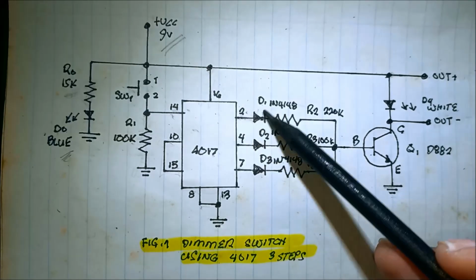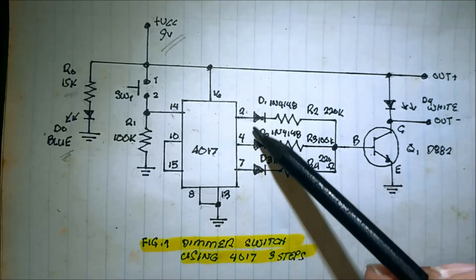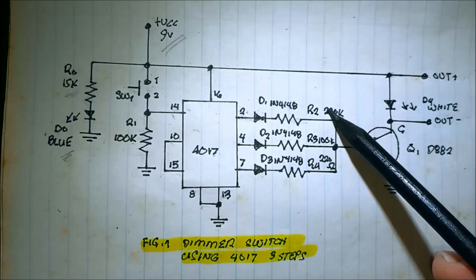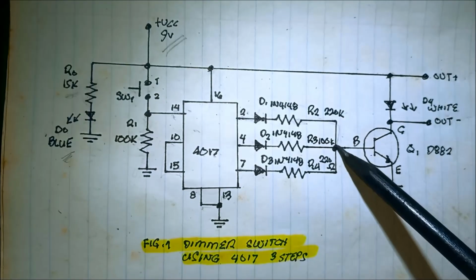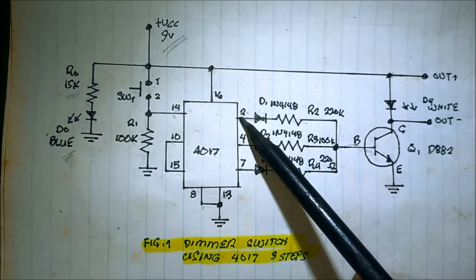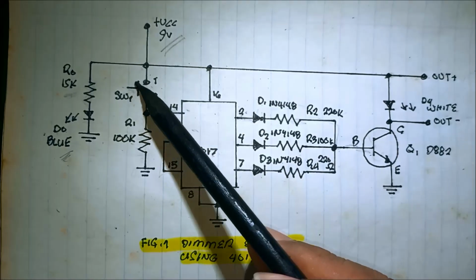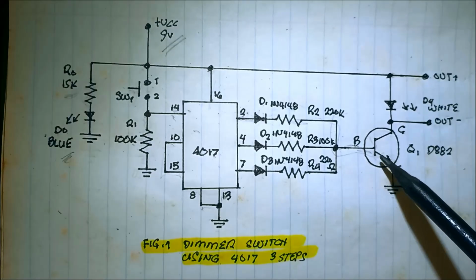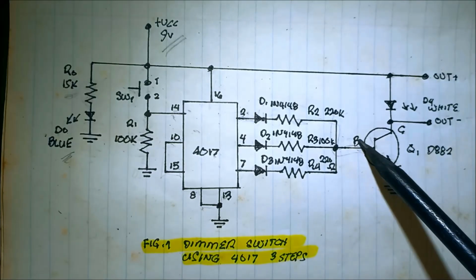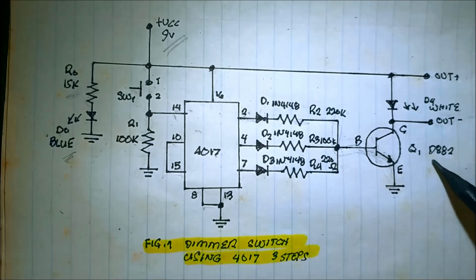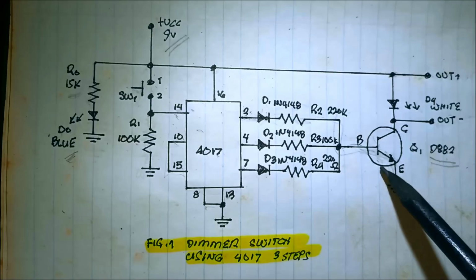With the use of a fast switching diode in series with the 220K resistor to the base of the transistor, this output is active by pressing the button, causing the transistor to switch on because there is now a triggering current to the base emitter of this D882 power transistor.